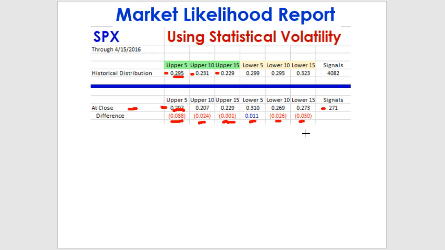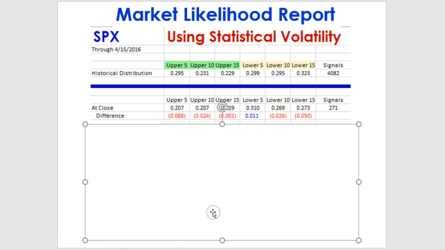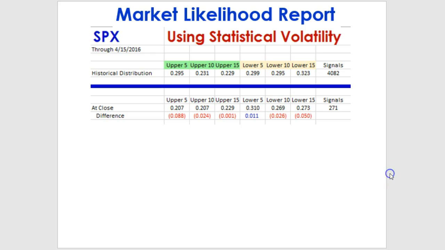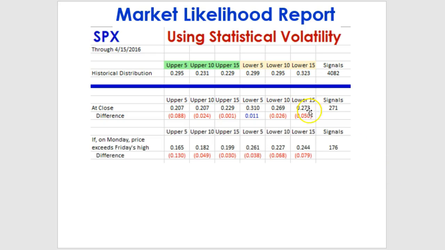Let's look at what happens historically if price goes above the high. Okay, let me click. There we go. Oops, timeout. There. Boom. Now we're talking. Look at this. If on Monday price exceeds Friday's high, in that situation, we have 176 instances in the past where the same setup occurred and the high got broken.